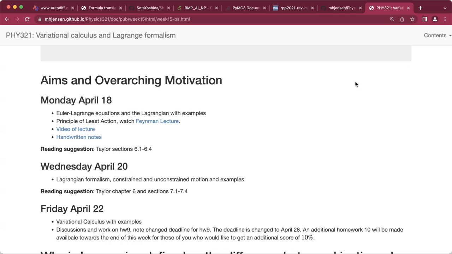That's a very powerful technique which allows us to solve equations with a constraint. So a typical problem we are going to look at is an object sliding down a plane. That's a type of constrained motion. And from the constraint and the potential energy and the kinetic energy, we're going to find the proper equations of motion. So it's a very nice overarching way of looking at a physics problem.